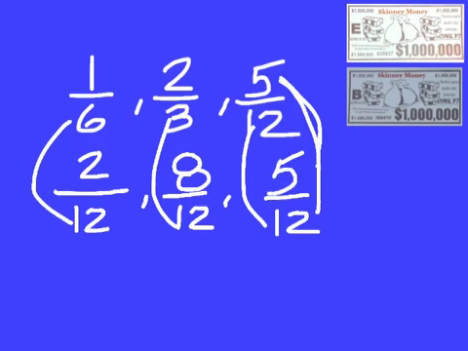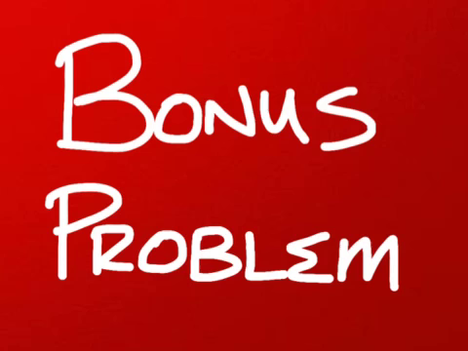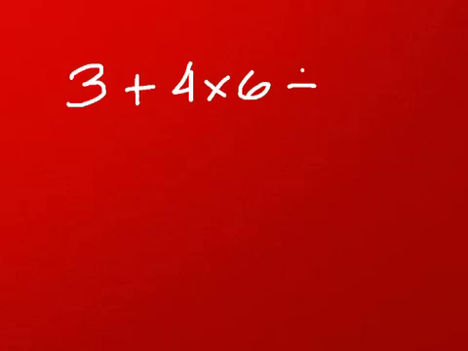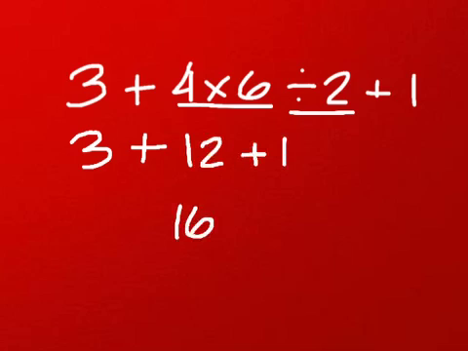What's the lowest fraction up there? 1/6, then what? 5/12, and then 2/3. The bonus problem is, for the bonus it should be 3 plus, and then 4 times 6 is 24, divided by 2 is 12.